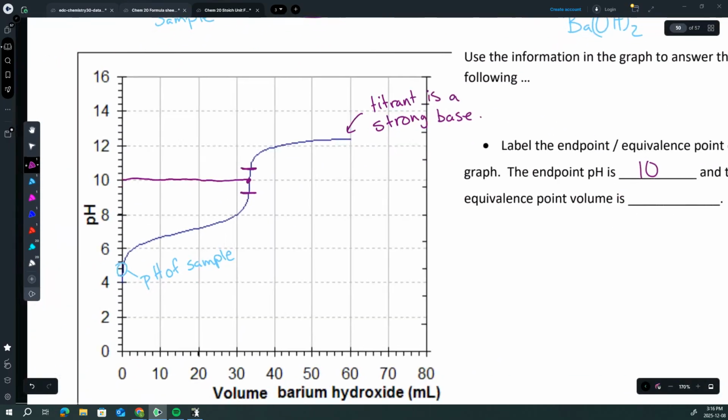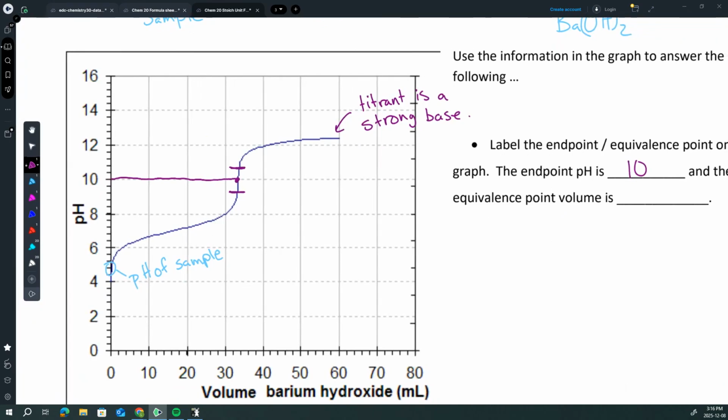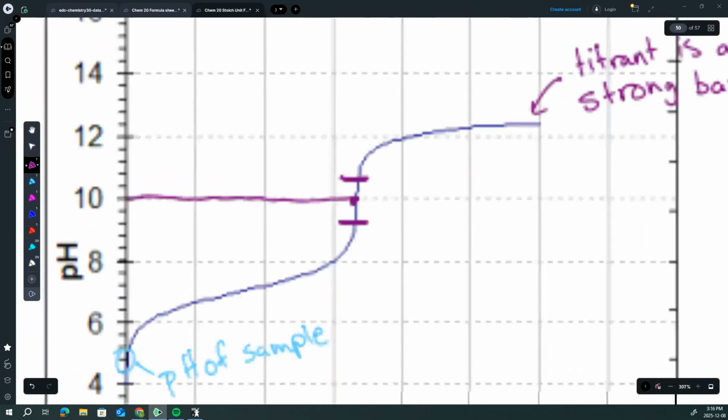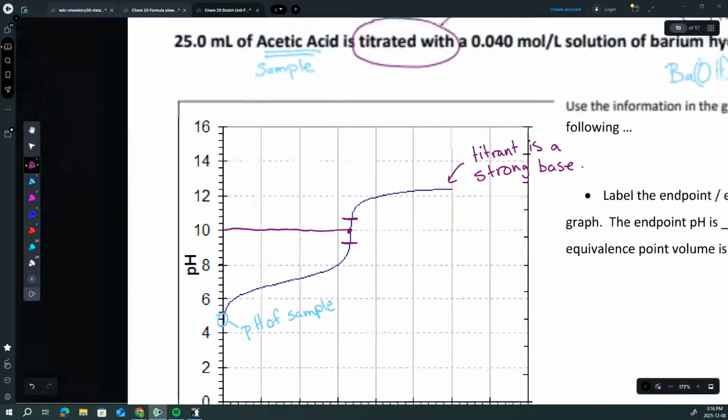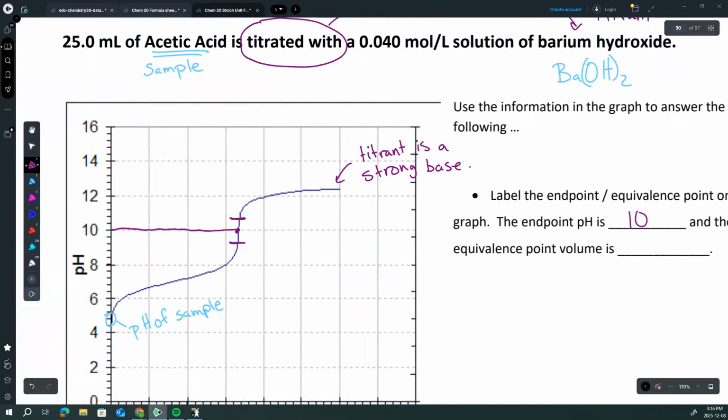Keep in mind, with these graphs there is a little bit of wiggle room for pH as well as your equivalence point volume. So if you put it a little bit lower, like let's say 9.8, that's going to be okay.